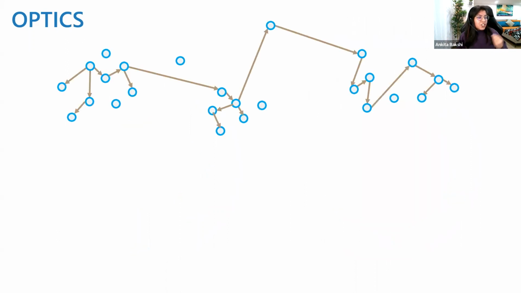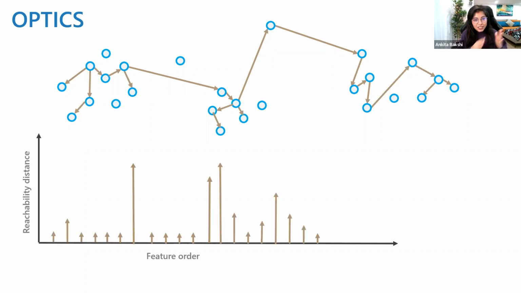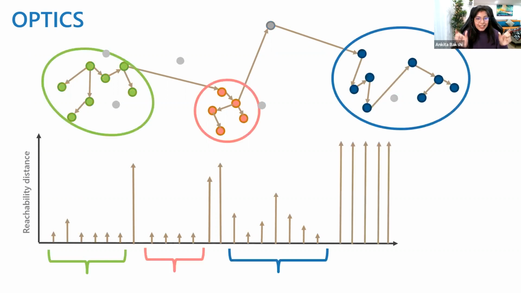All we need to do is, for each point, find the core distance, the distance it took to find the minimum number of features. Once we plot those distances on a reachability plot, you can say when those clusters are found. The points that have a smaller core distance are clustered together, and the peaks are the distinctions between the clusters.